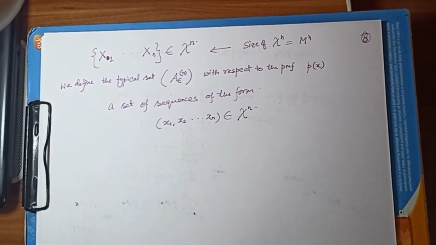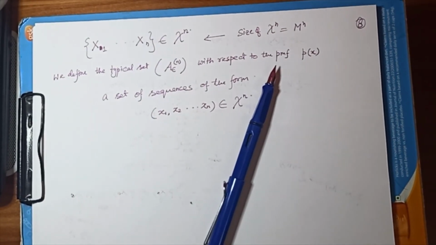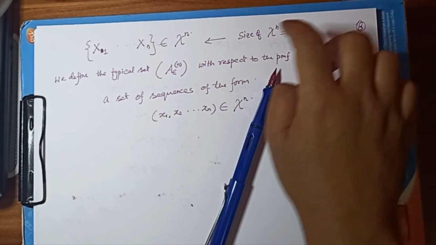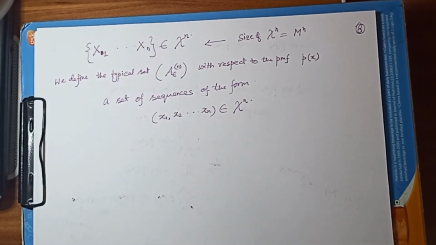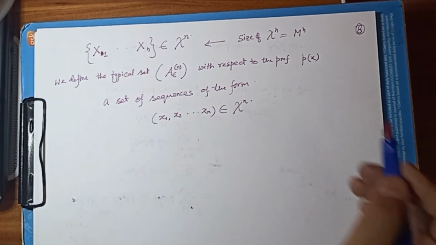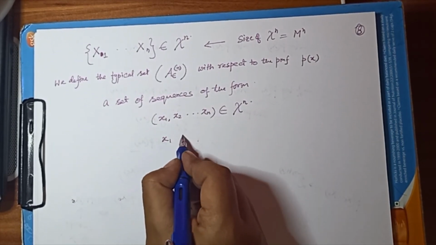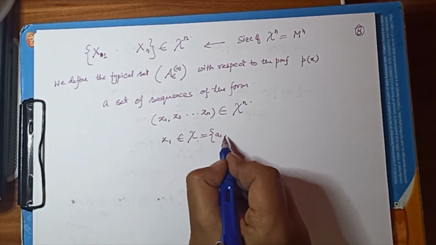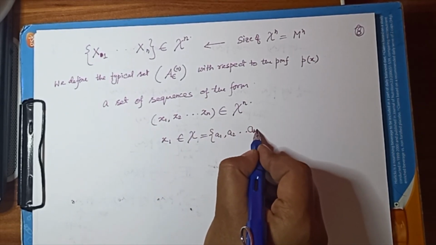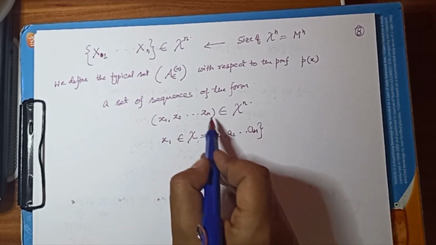One of them. Okay, so there are m to the power n such sequences. These are the values which it is taking, basically a1, a2, etc. So x1 is basically one of a1, a2 up to am, x2 is one of these, xn is one of these.